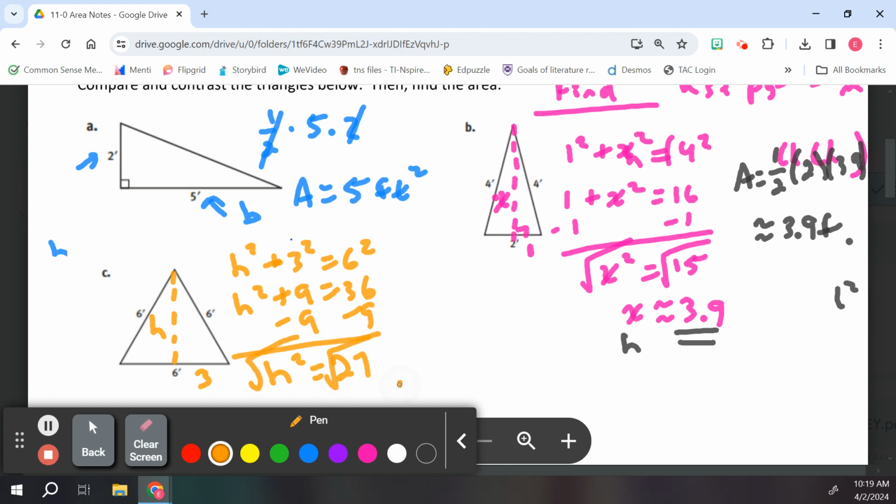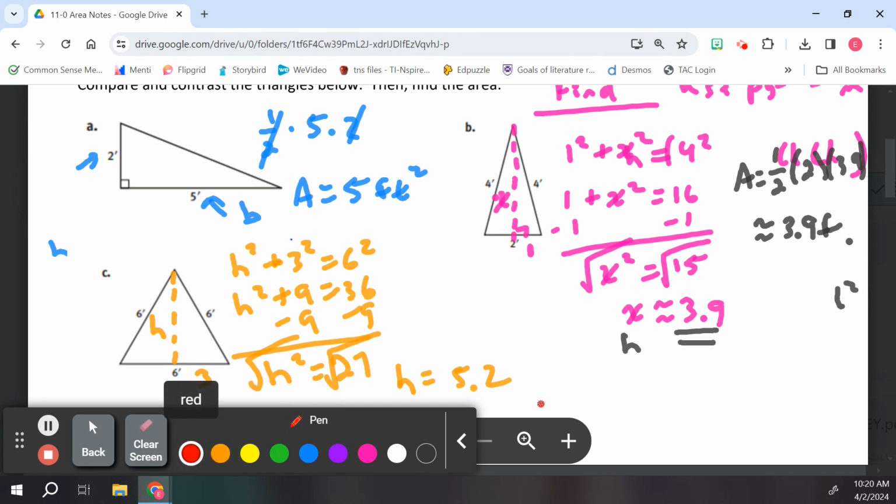So what is h here? h equals what about? What's the square root of 27? Come on now, someone give it to me. 5.2. Good job.